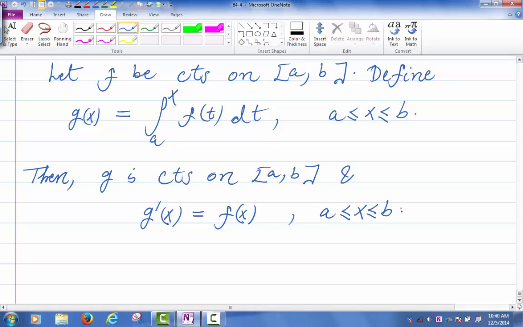The derivative of g is exactly the integrand f. So what does it mean? Well, it means that g of x is an antiderivative of what function? The function f, right? On the interval from a to b, g of x is an antiderivative of the function f.